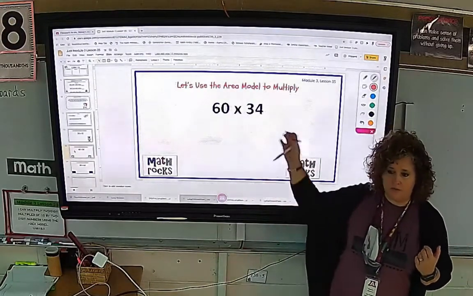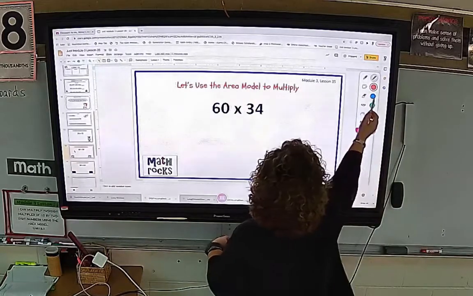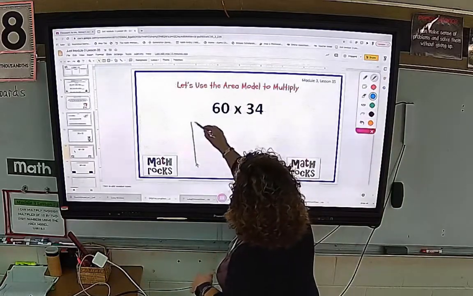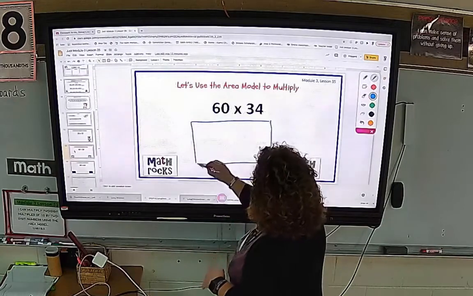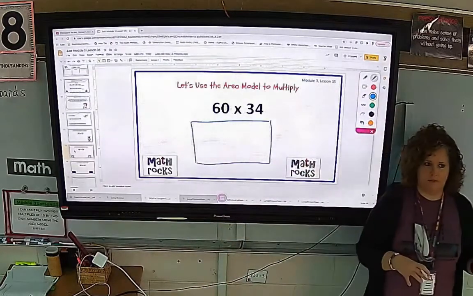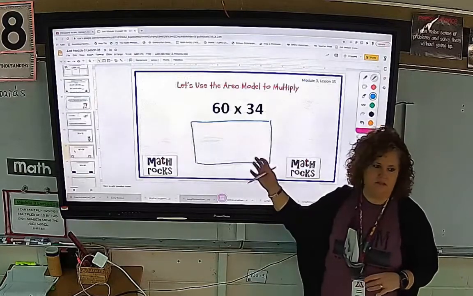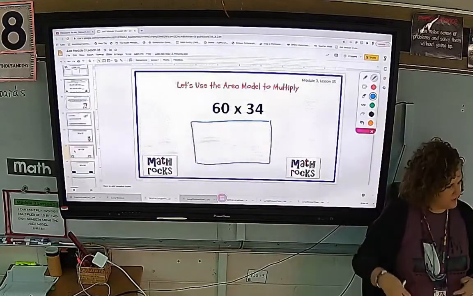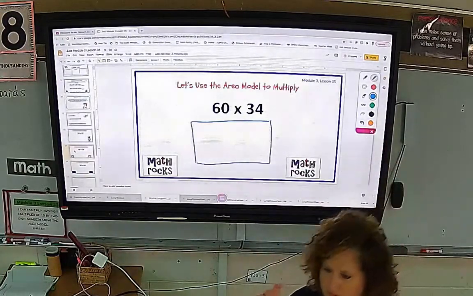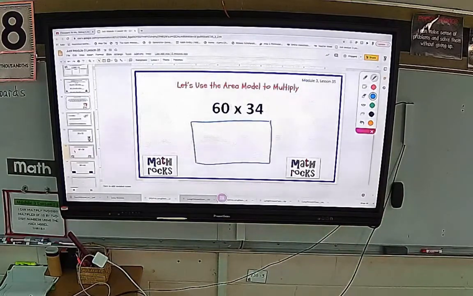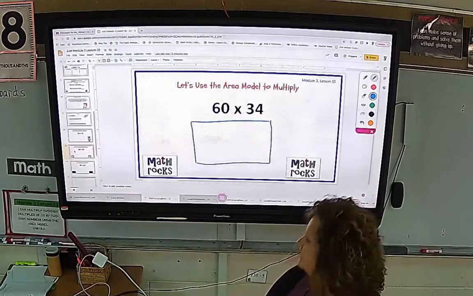Our area model, the rectangle I just drew, tomorrow or in the coming days, it may not be tomorrow, maybe 2 days from now, it's going to have 4 boxes instead of 2. But you'll see why. Okay? And we're going to see exactly what goes in each box, and then we add those 4 boxes up.